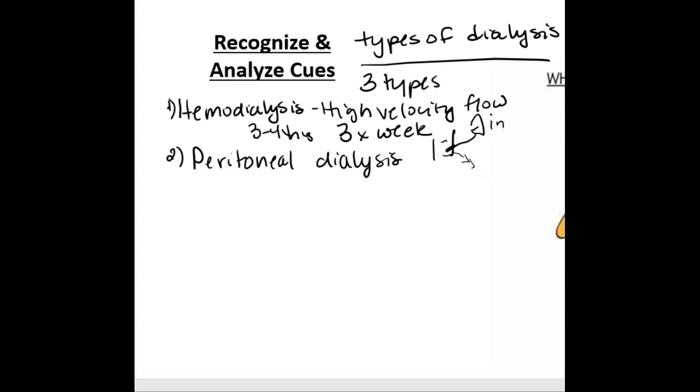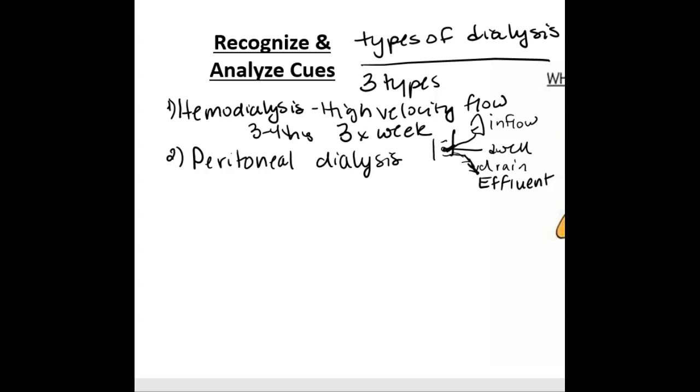So that's considered inflow when it goes in. And then as it stays there, that's considered the dwell. And then drain, D-R-A-I-N. And what they are draining is something called effluent, E-F-F-L-U-E-N-T. So if you see that, that's what they're talking about. They're talking about the drainage out of peritoneal dialysis.